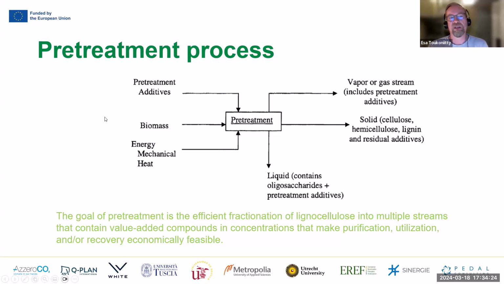Actually, the picture is so general that one cannot say that the solid would be the desired one. Here is also a liquid fraction. If you want the sugars, you might be happy with these oligosaccharides and additives and such.